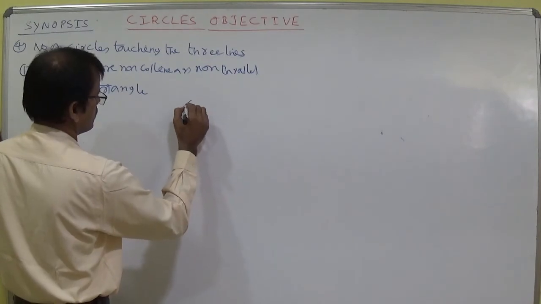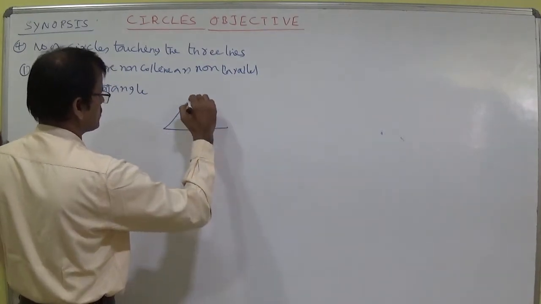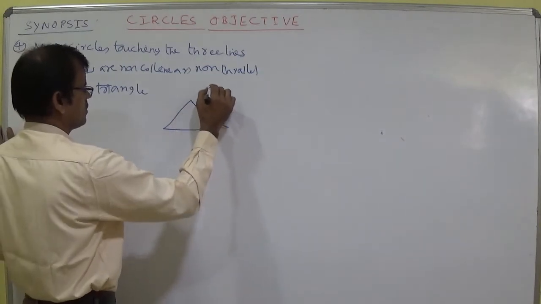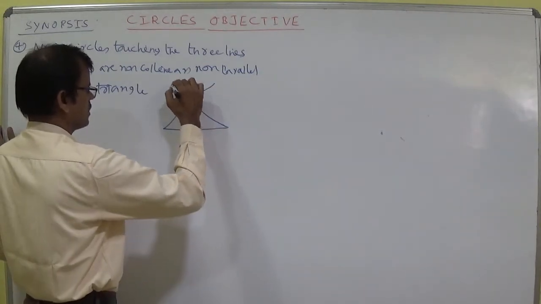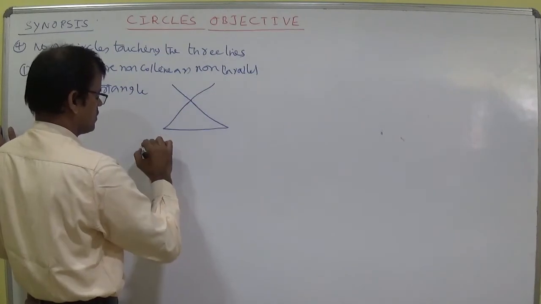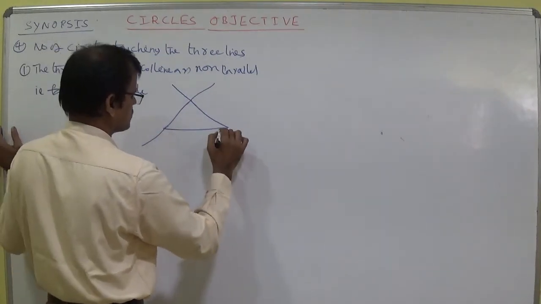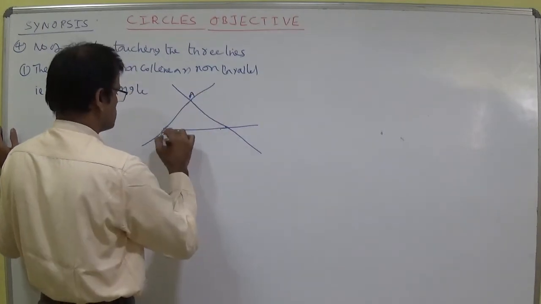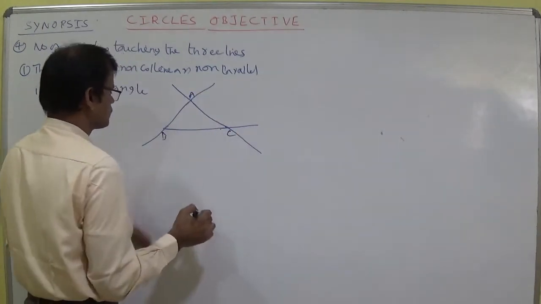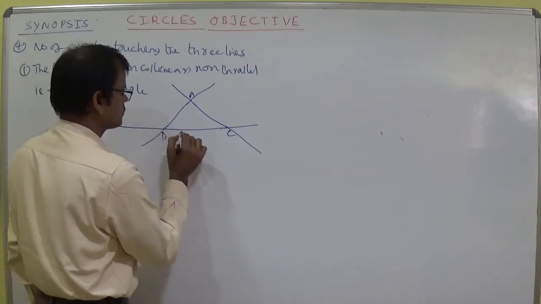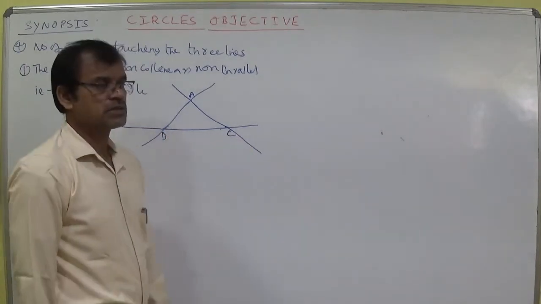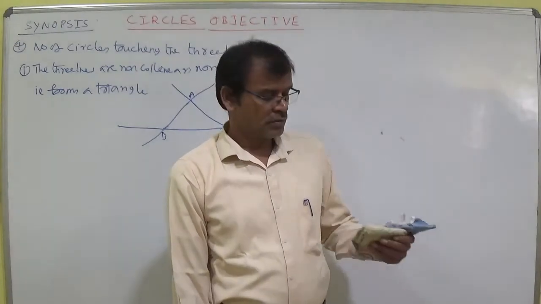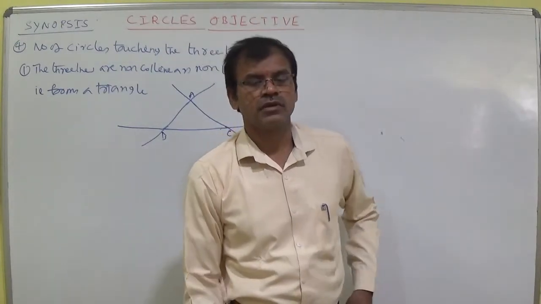Now, let us discuss the triangle ABC. Extend like this. Put here A, this is B, this is C. One triangle has four circles.